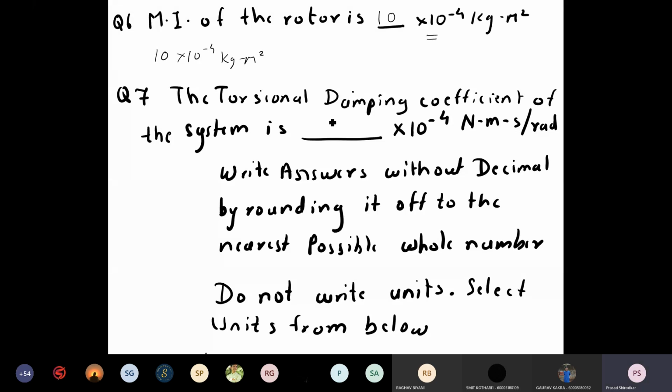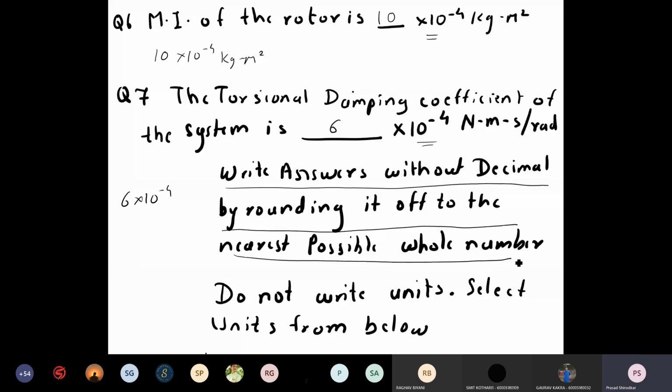Similarly, if your answer for torsional damping comes 6 into 10 raised to minus 4, in the blank just enter the rounded off value, only the part divided by 10 raised to minus 4, so it should be in this format. Write the answer without the decimal and by rounding it off to the nearest whole number.